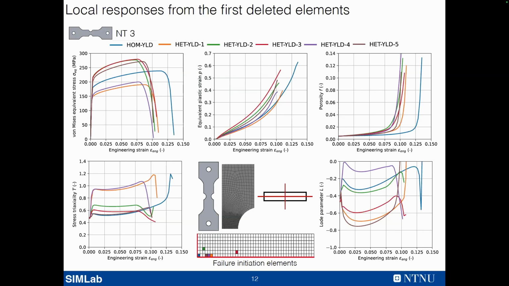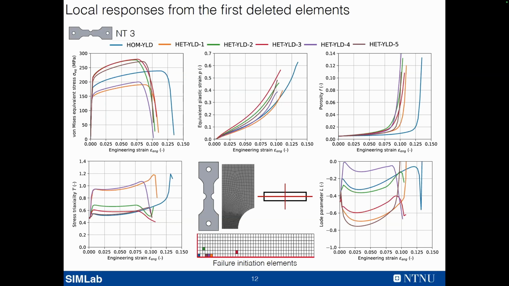But for the heterogeneous yielding models, the 5 realizations of the same texture, the failure doesn't start in the same place. So it's basically moving across the cross-section from one simulation to another. And this dispersion or scatter could of course be quite related to the stress level. If you go from one grain to another, the stress level can go higher or lower depending upon the orientation of the grain.